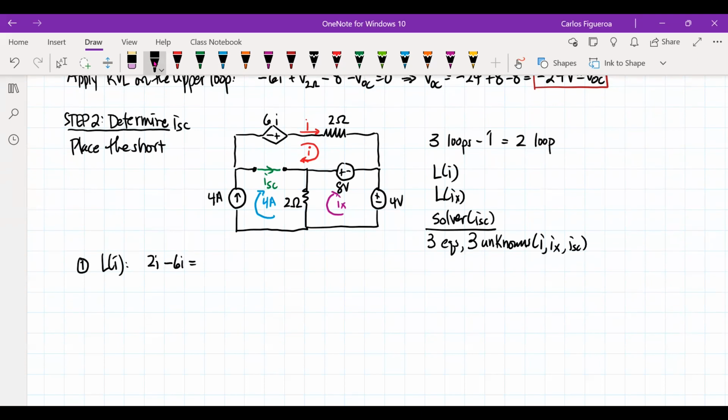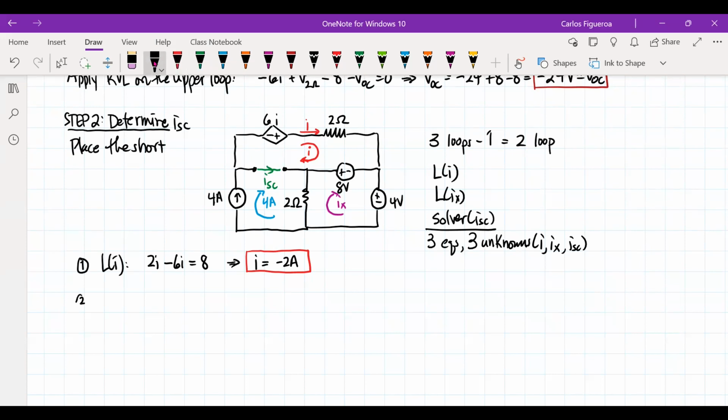And then I take the 8-volt source to the other side, which then gives me 8. And you could see here that this immediately gives me a value of I equals 2 amps. So right away, I knew I always had two equations, but if we're going to be systematic about it, this is probably the way to go about it.